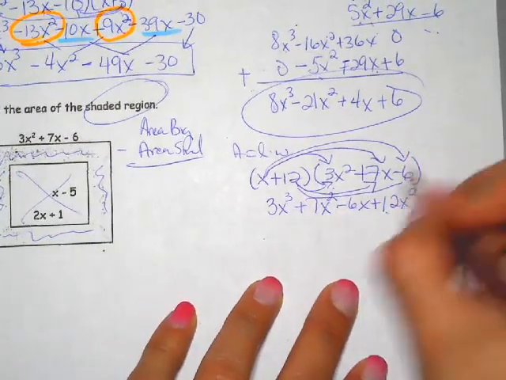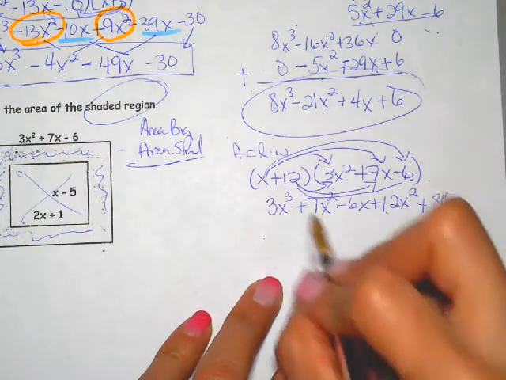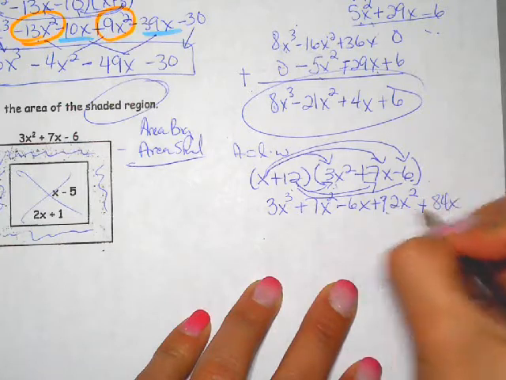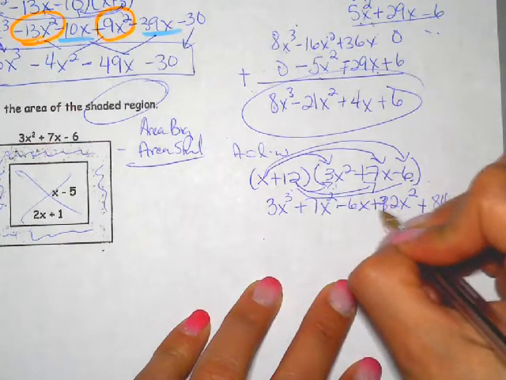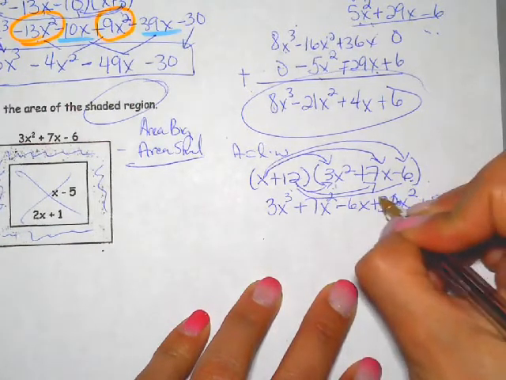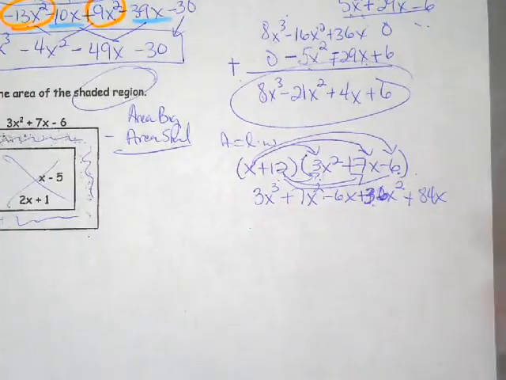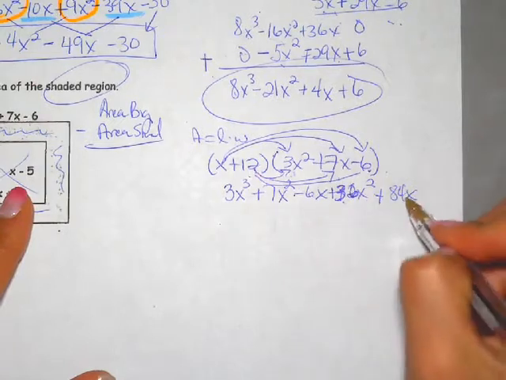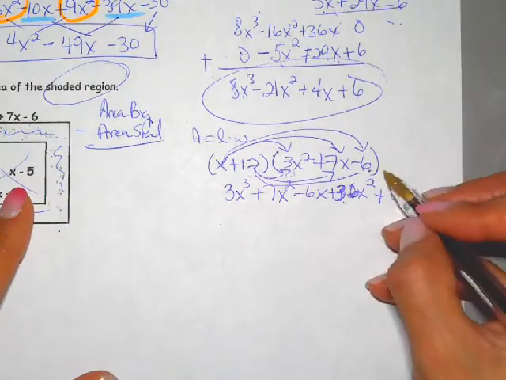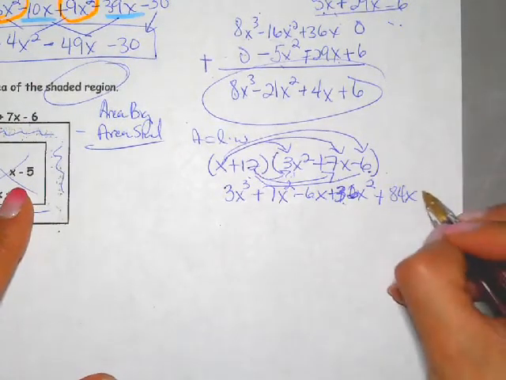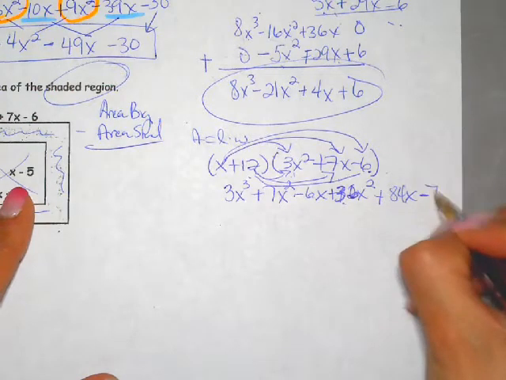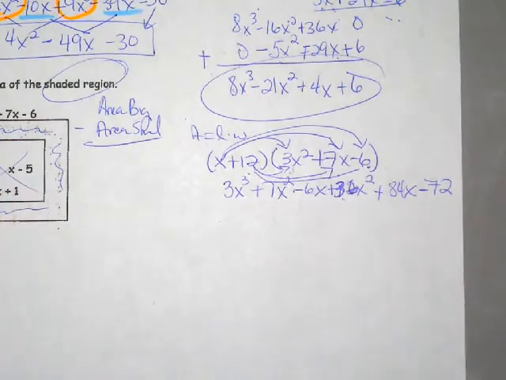Oh, sorry, I kept going. Which one's 12 times 3? One, right? Thank you. I wasn't even paying attention. I was just like, wow, that was 12 times 7x is 84x, and then 12 times -6. Aaliyah? -72.